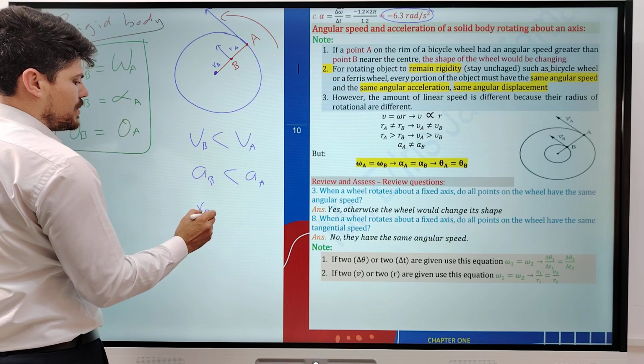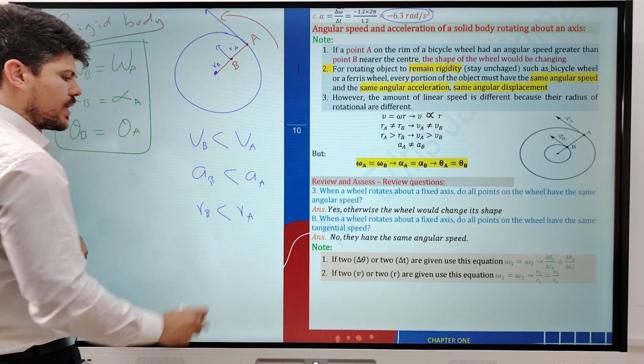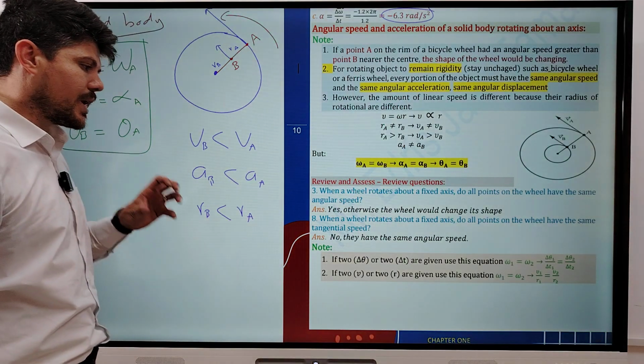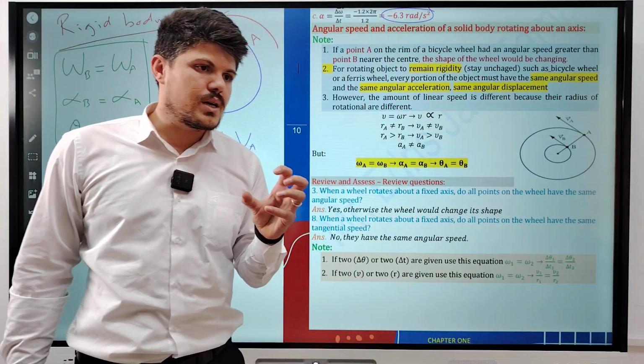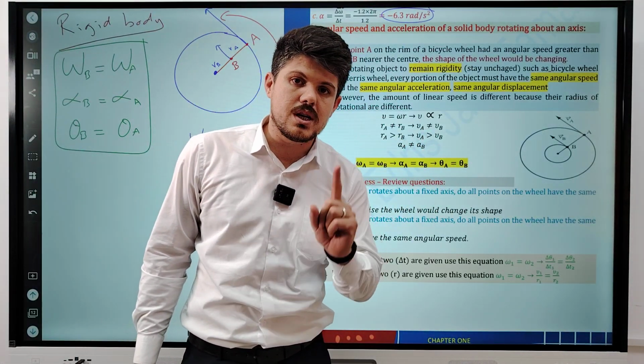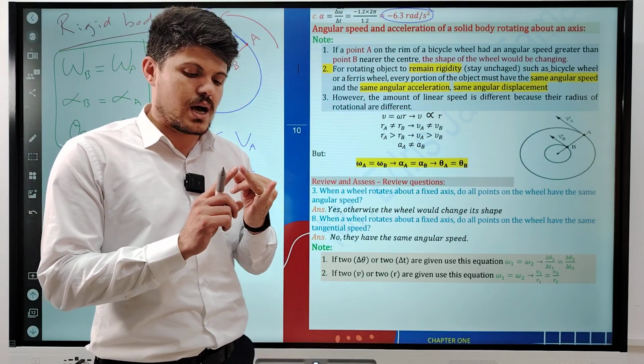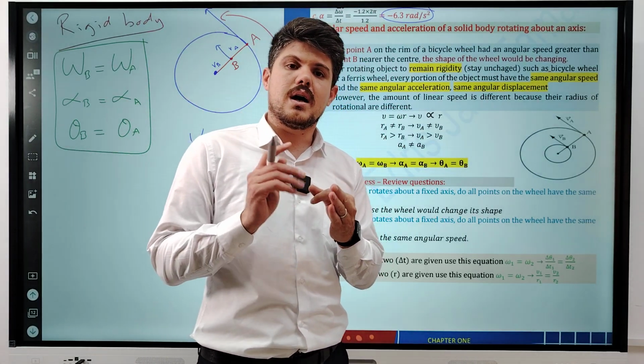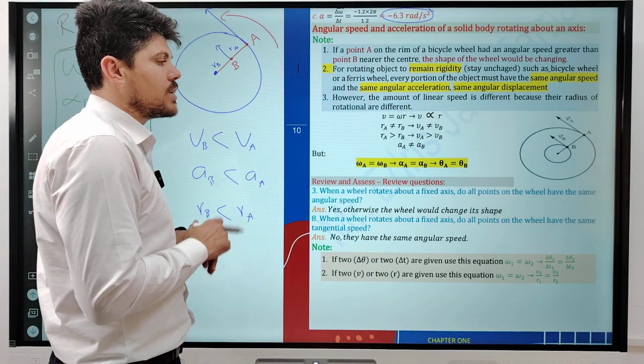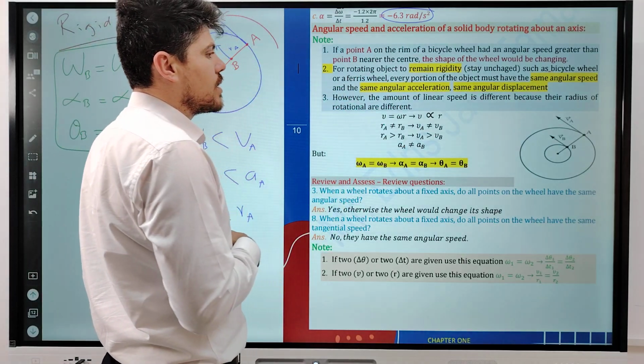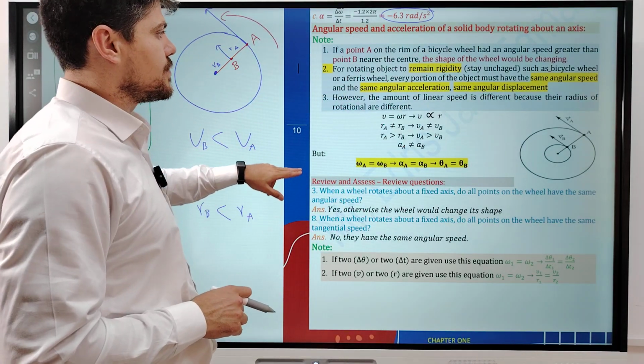Absolutely, RB is less than RA. Okay, so we can conclude that the object that is far away from the axis of rotation has more tangential speed, has more acceleration if it has, and has more radius or distance from its axis of rotation.